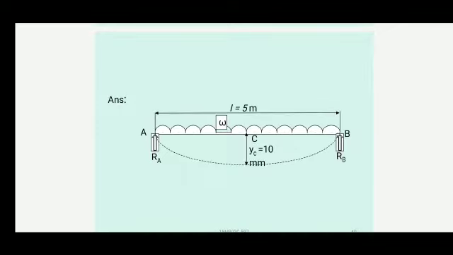According to the problem, we can draw a simply supported beam with uniformly distributed load. The length is 5 meters. At the ends, the supports at A, RA reaction, at B, RB reaction. The maximum deflection is given, that is 10 mm. The length of the simply supported beam is 5 meters.